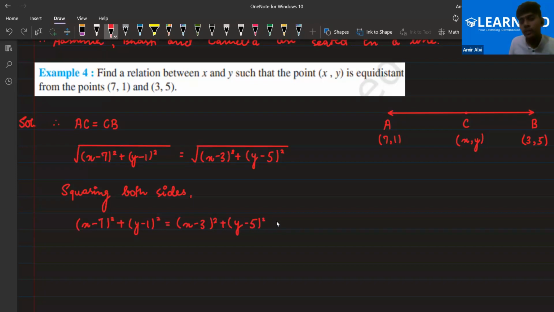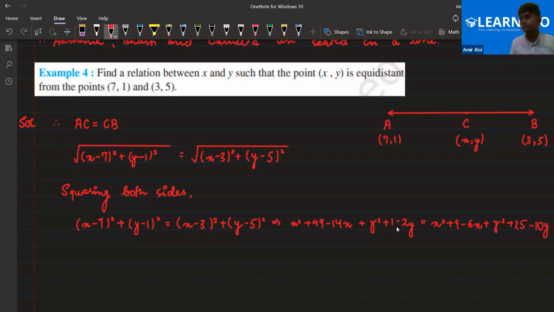Now expand it using the (a minus b) identity. x square plus 49 minus 14x plus y square plus 1 minus 2y is equal to x square plus 9 minus 6x plus y square plus 25 minus 10y.